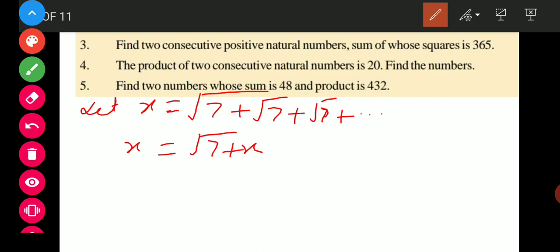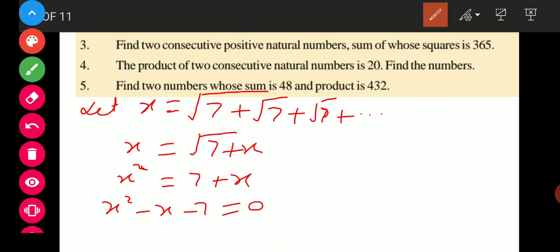Now squaring on both sides, we get x square is equal to 7 plus x. Now 7 plus x is shifted, it becomes minus. So x square minus x minus 7 equal to 0.